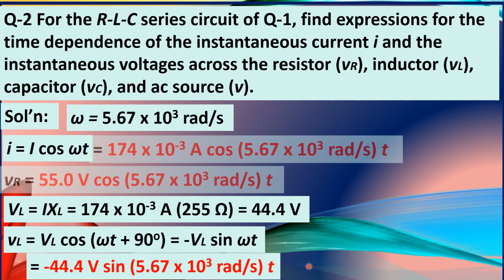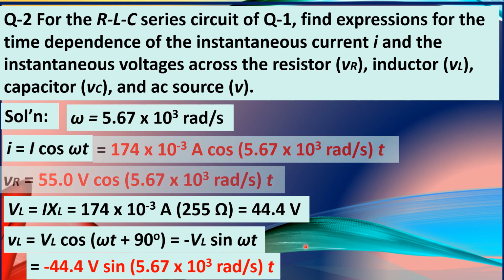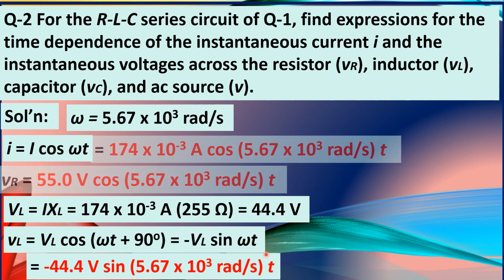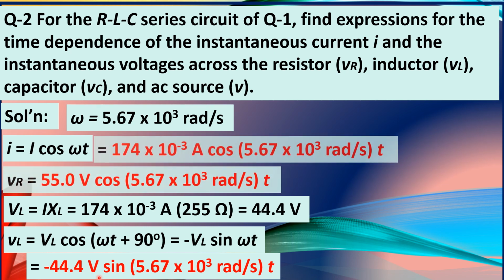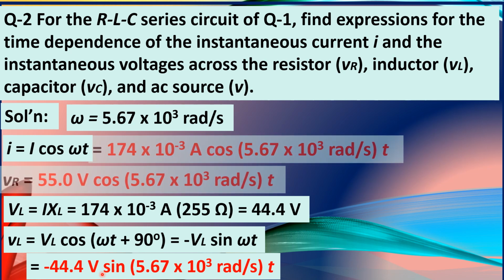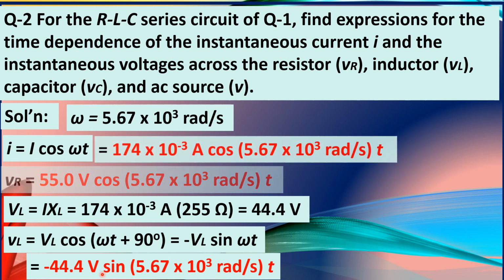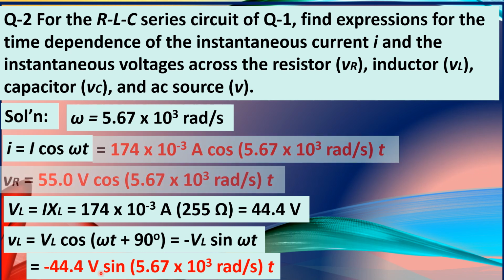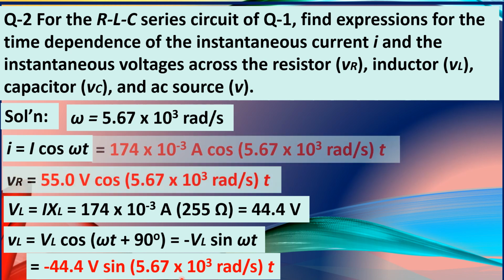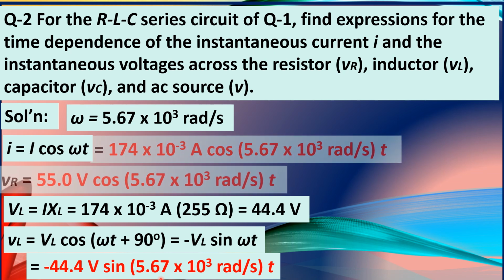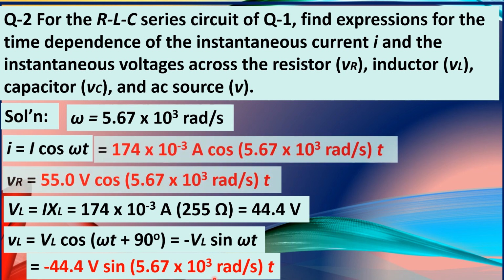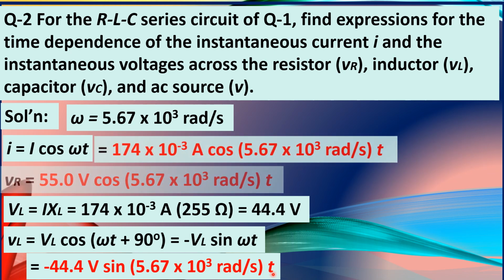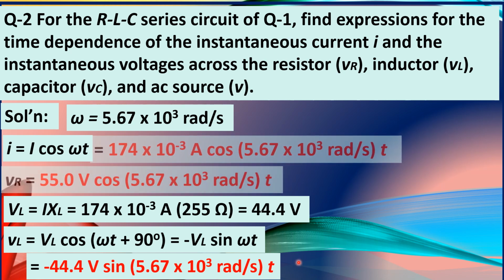Therefore, our expression for the instantaneous voltage across the inductor is negative 44.4 volts, the voltage amplitude taken from question number 1, multiplied by the sine of omega, which is 5.67 times 10 to the third radians per second, multiplied by any value of time t.